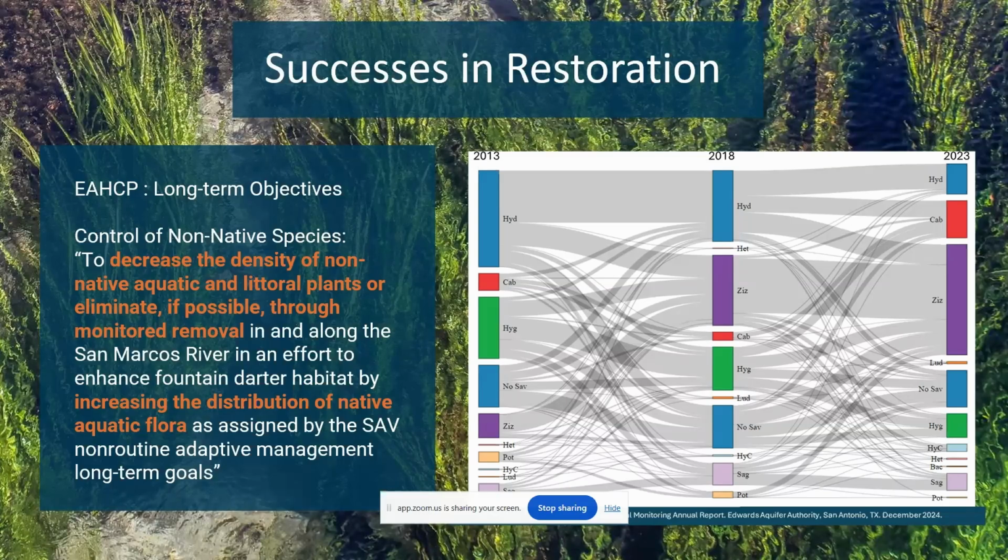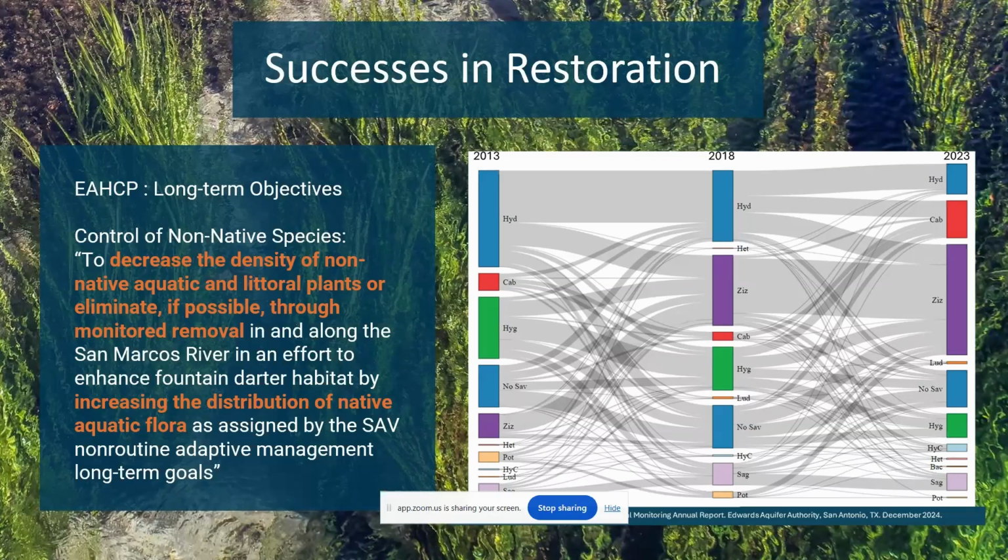And if you follow any of these ribbons across, we converted a sizable chunk of hydrilla to Texas wild rice, this purple bar here. Some of it maintained hydrilla, but then that hydrilla, if we move closer to 2023, again converted to Texas wild rice or Cabomba or any of these other native vegetation types.